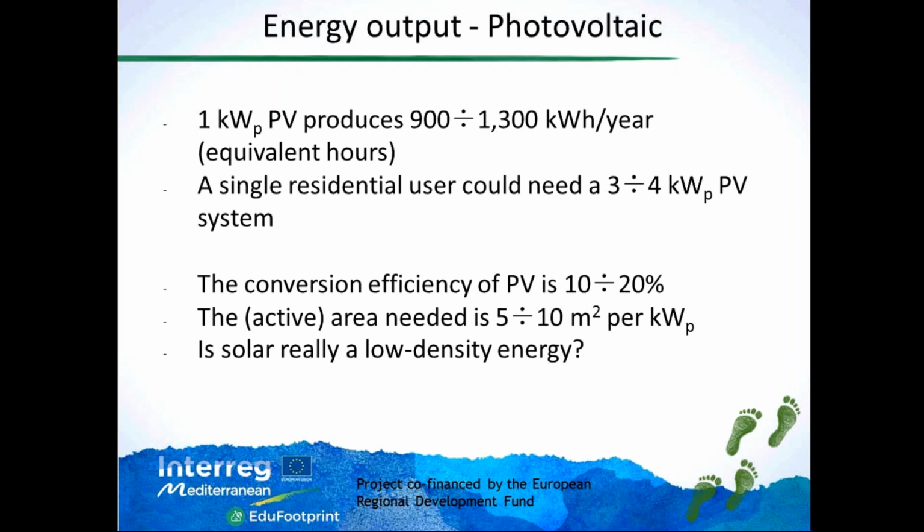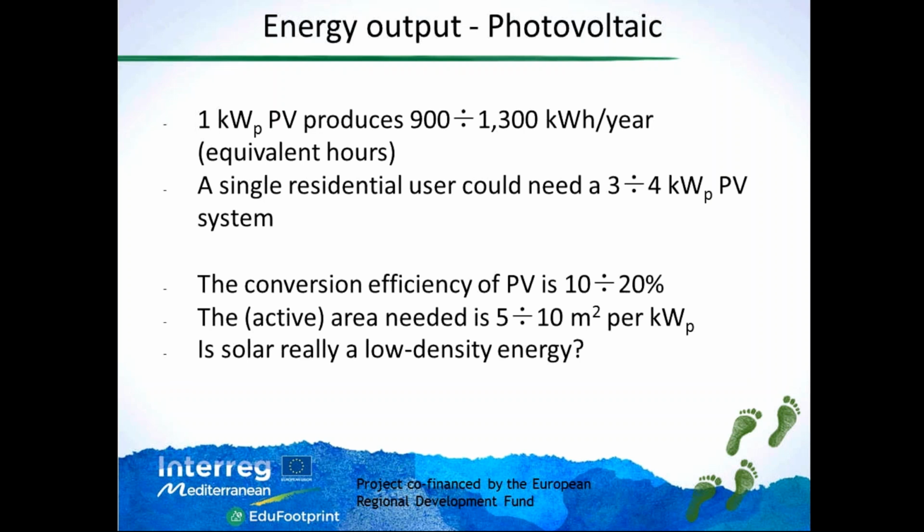But let's say that we can have this range between 10% and 20%. We can look at this figure and say, okay, this efficiency is very low, but actually it's not a very important parameter at the moment, because of course solar energy is basically free. So the only issue which is really affected by this efficiency is the area we need for installing a specific power of photovoltaic.